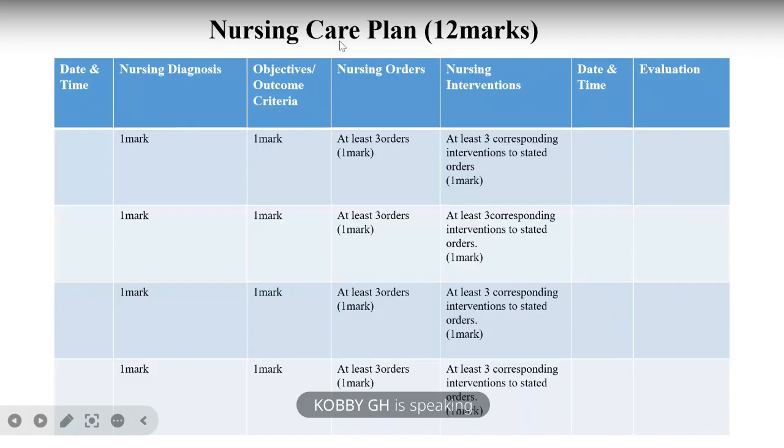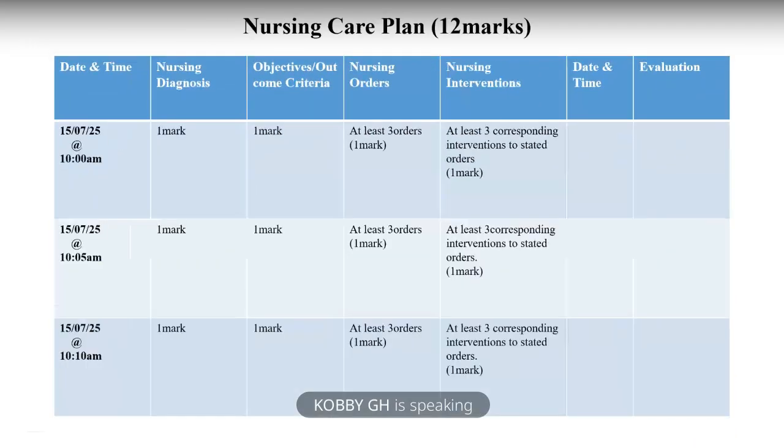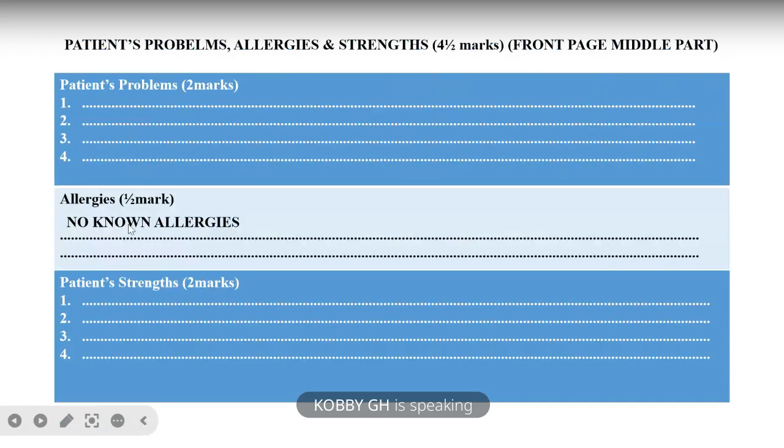Now let's look at more details. This is the inside of the care plan, the inside of the nursing care plan. Over the week, I've been assessing some students' nursing care plans, and I've been marking about 100 nursing care plans during this week. And you'll be surprised that even after students are taught, students are still committing errors. The errors where they still write the patient's strengths wrongly, and I know even some of you, if care is not taken, will still go to the practicals and commit the error.